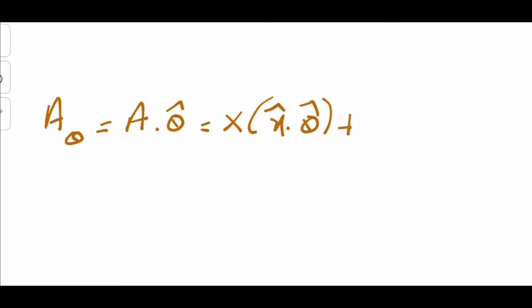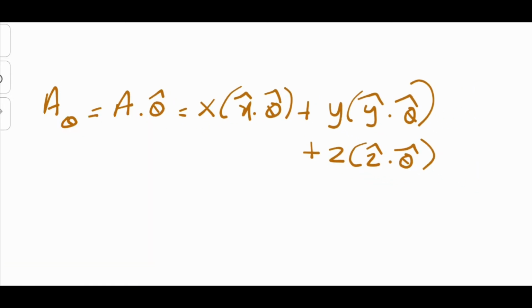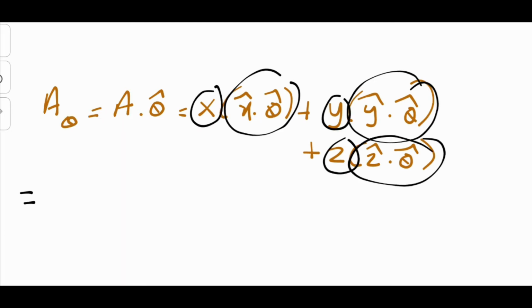Okay, now let's find out what a theta is, right? So a theta will be equal to a dot theta cap, so that must be equal to x times x dot theta cap plus y times y dot theta cap plus z times z dot theta cap, right? So we need to find out what the values of each of these components are, which we already calculated.